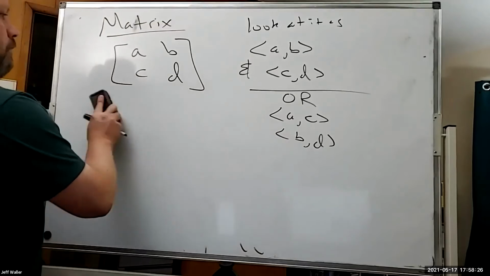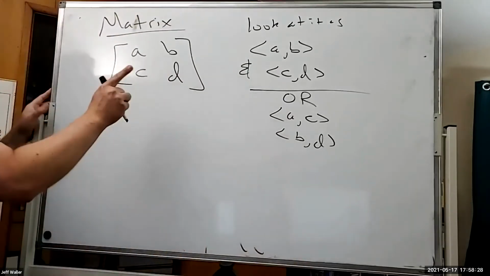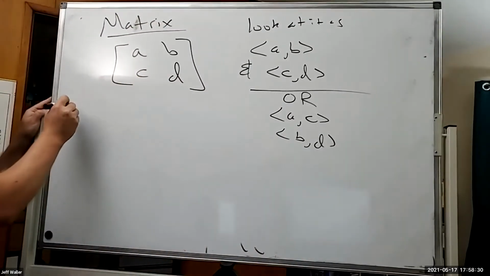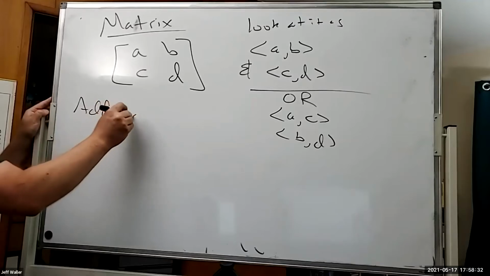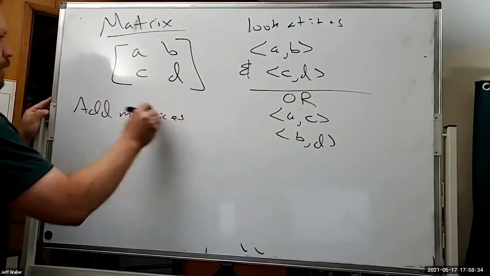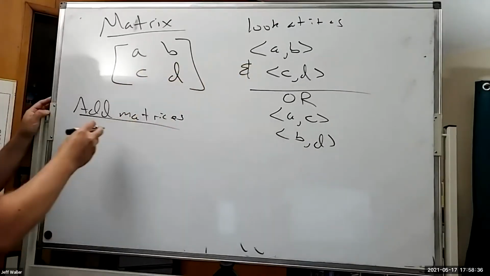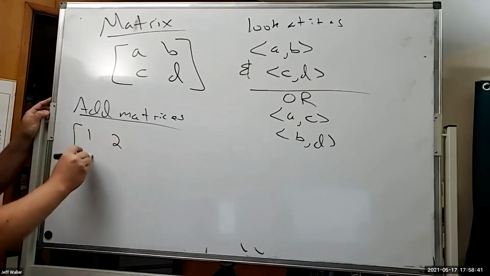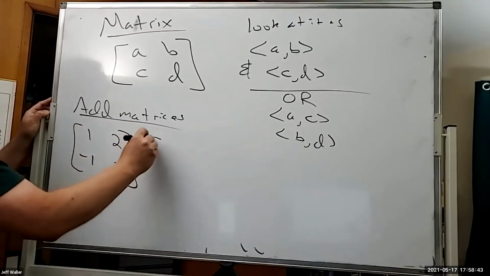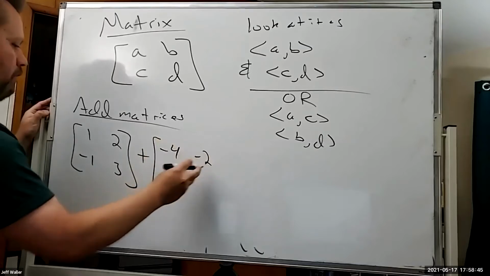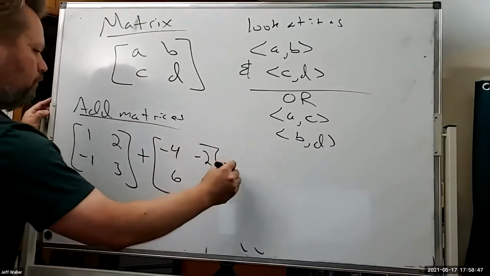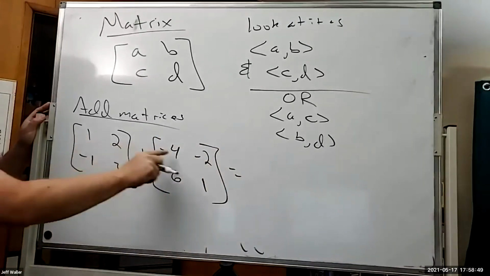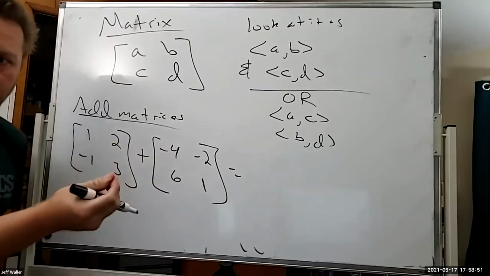So how do I add matrices? Well, if they're a collection of vectors, I add them the way I would think I would add them. So if I add the matrix 1, 2, -1, 3, to the matrix -4, -2, 6, 1, you would hope it would just be adding each piece, and thankfully it is. Why does that make sense?